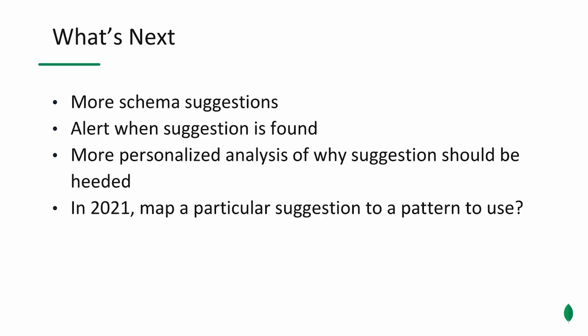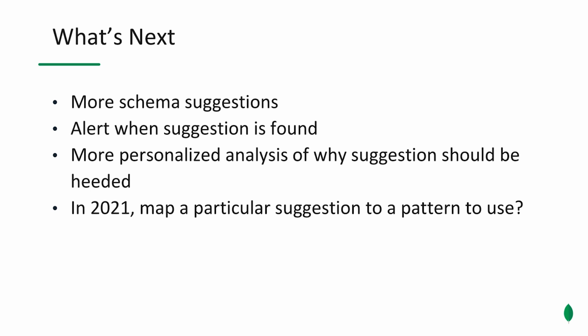Obviously, we want to add more types of schema suggestions beyond the preliminary list that we have. We want to create alerts when a suggestion is found. In other words, run this in the background for you on some cadence and then tell you that, hey, we found a bunch of suggestions, as opposed to you having to proactively check Performance Advisor.